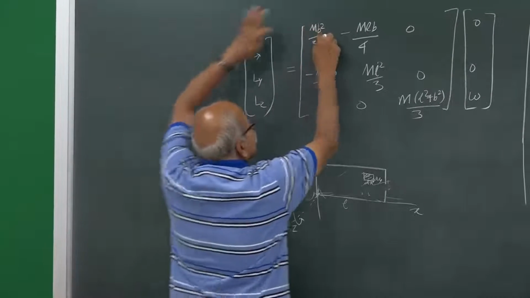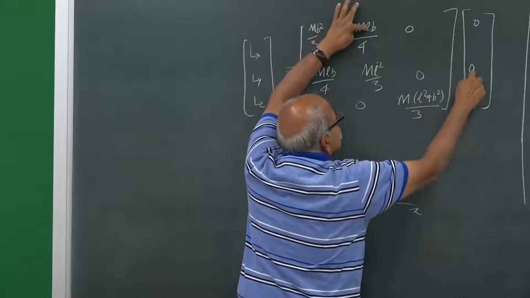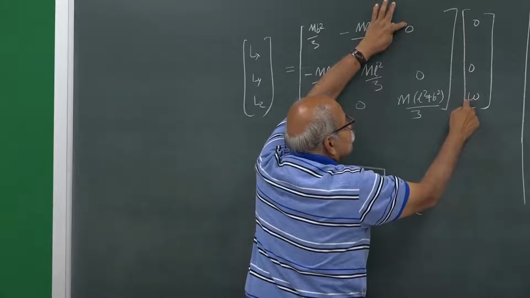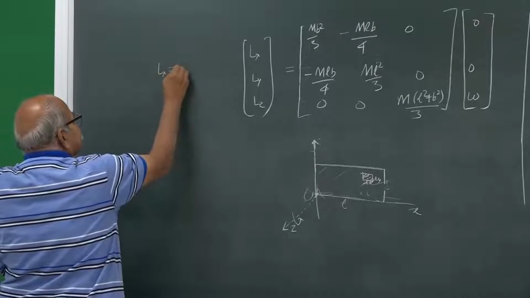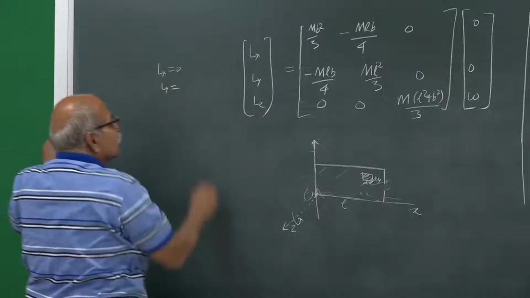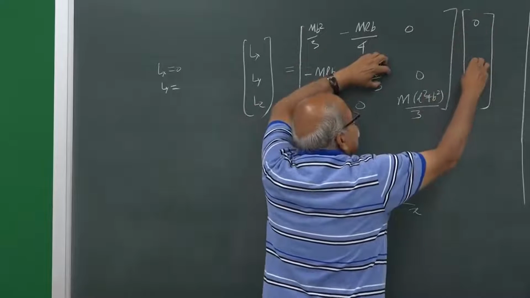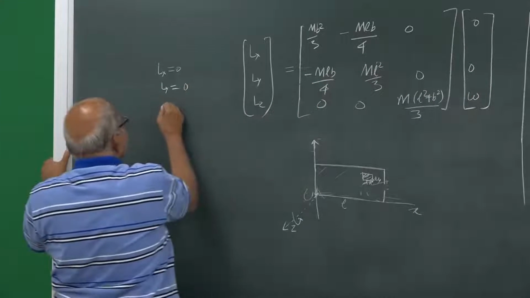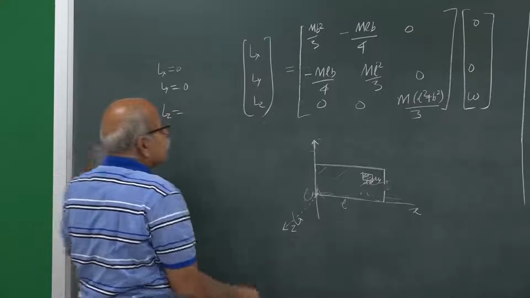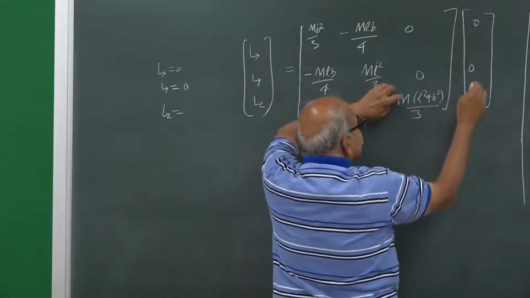Lx is this into this 0, this into this 0, this into this 0. So, Lx is 0. Ly: this into this 0, this into this 0, this into this 0. So, Ly is also 0.